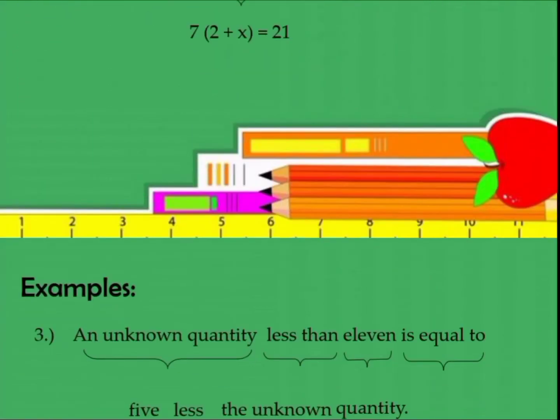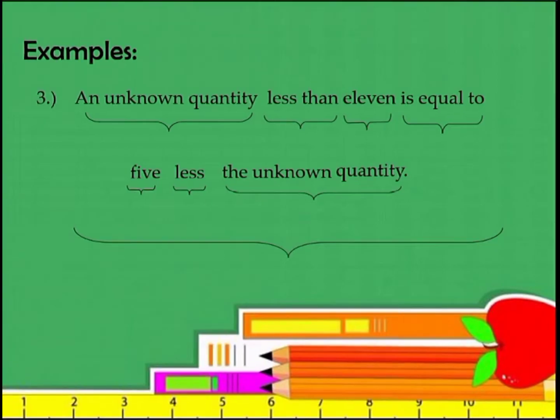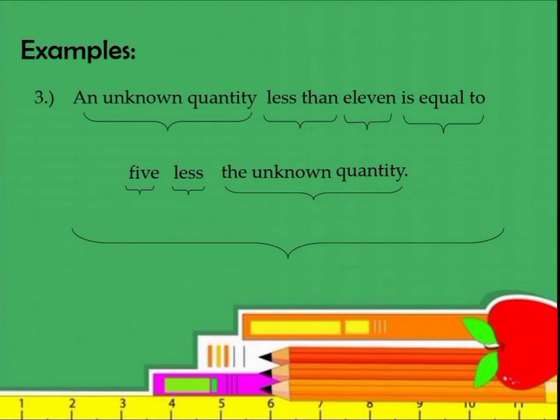So, let us have another example. In number 3, an unknown quantity less than 11 is equal to 5 less the unknown quantity. So, again, iisa-isahin natin yung pag-translate. An unknown quantity less than 11 is equal to 5 less the unknown quantity.